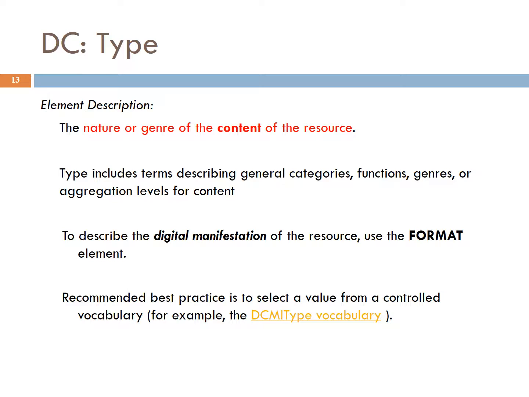So we're going to switch gears a bit here, moving out of rights. We're going to talk about the Dublin Core element type. So think back to the discussion that we've had a couple times over the last few weeks about the intellectual content of, say, that photograph versus the carrier or the container.